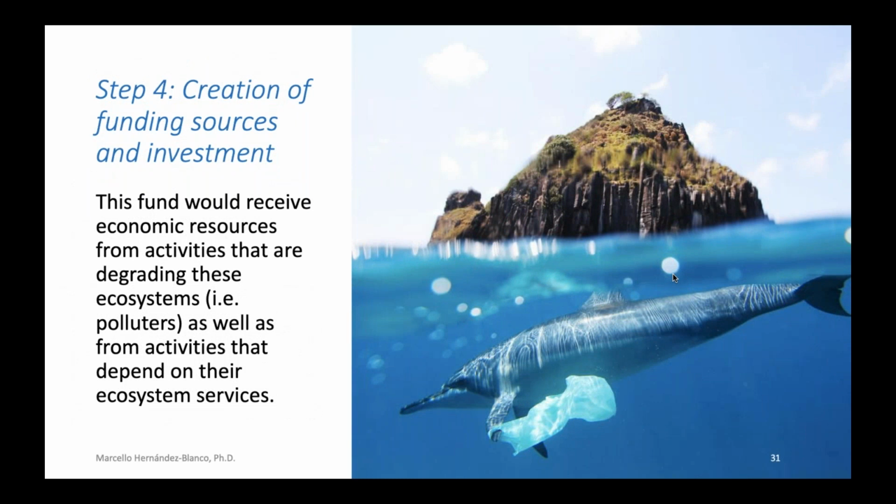And finally, on this step, this fund, the Blue Fund, would receive economic sources from the activities that are degrading these ecosystems, such as the polluters that we already saw, as well as from the activities that depend on their ecosystem services. And that would be the case of the beneficiaries.